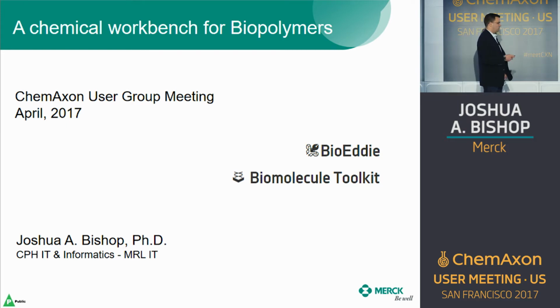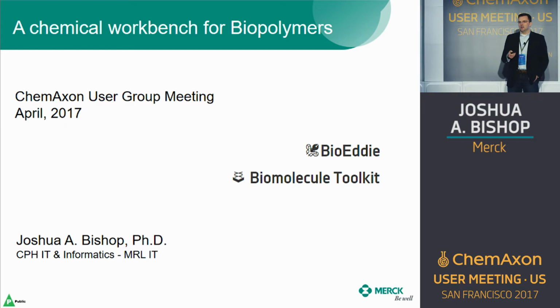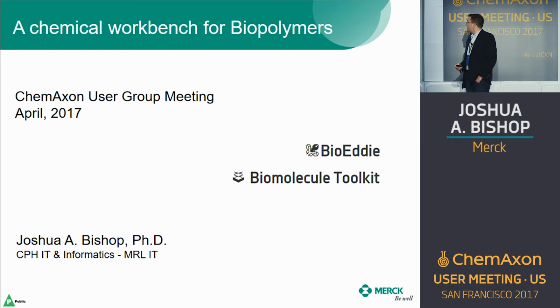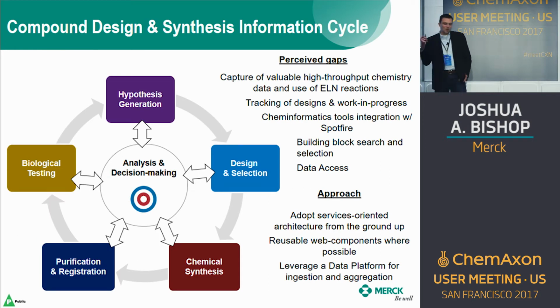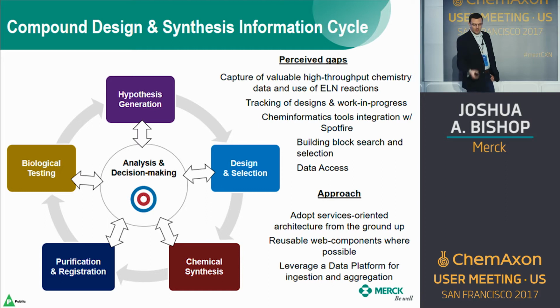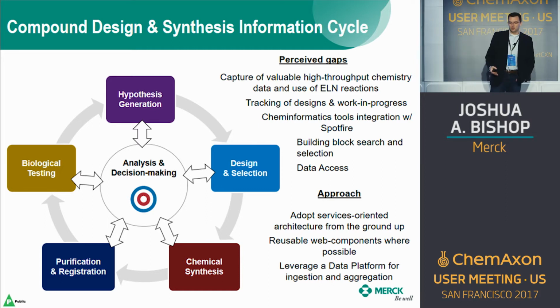And we needed a way to operate with those modalities that is a little bit different from a traditional small molecule toolkit. So I've got here a chemical workbench for biopolymers. What we have here is a little bit of a layout of what we're doing for small molecules, right? Compound design, synthesis, information cycle. We have a series of perceived gaps.